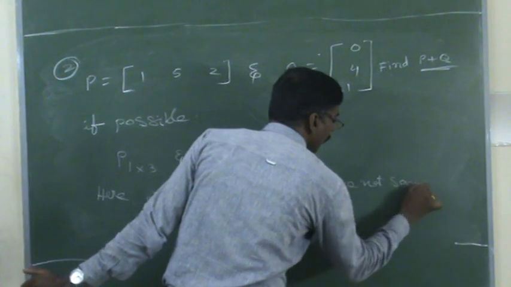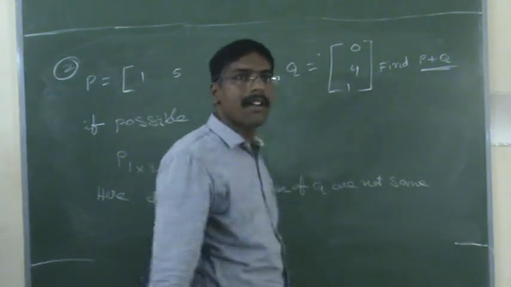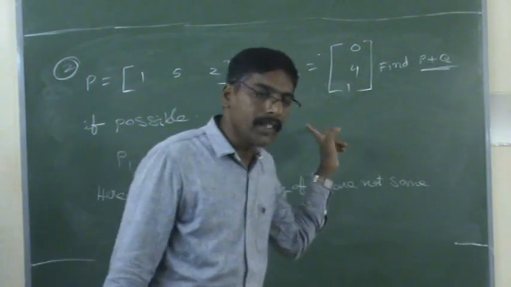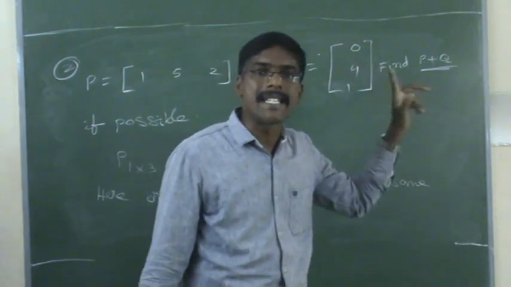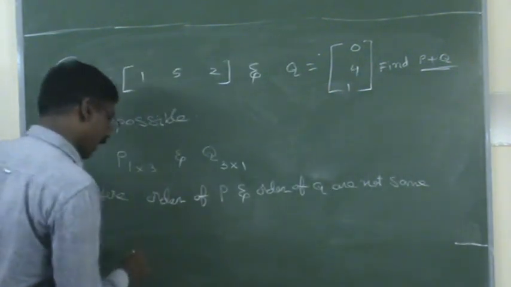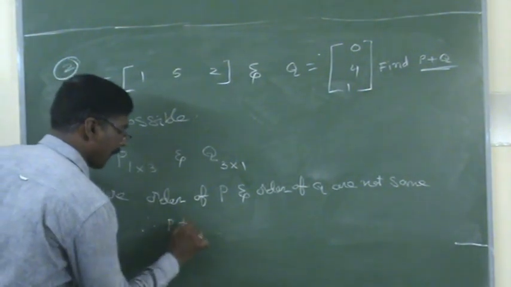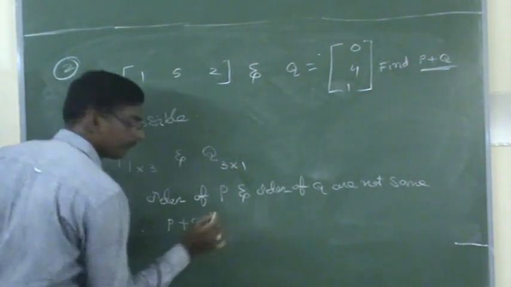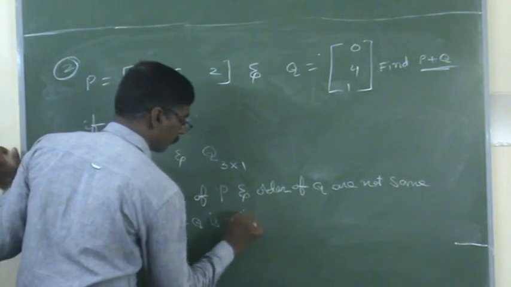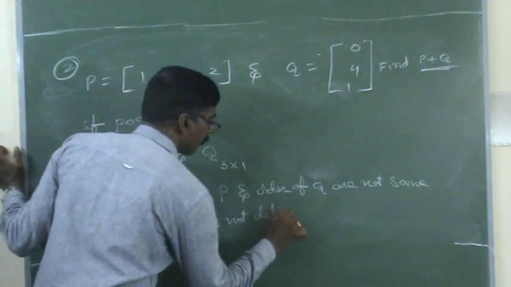Whenever their orders are not same, addition of these two matrices is not possible. Immediately we can write down, therefore P plus Q is not defined. That's all, not possible, not valid.